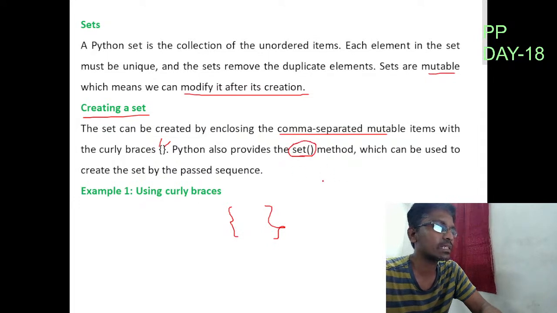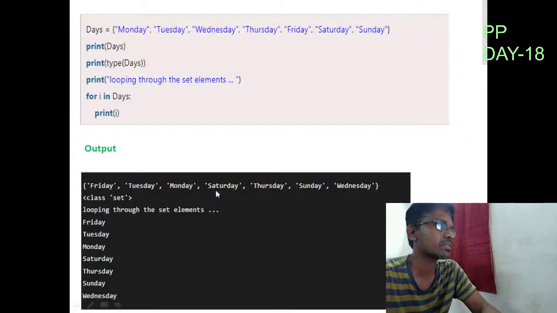By using the set method also, you can create different types of values in the given set. So let us see how we create a set in Python.